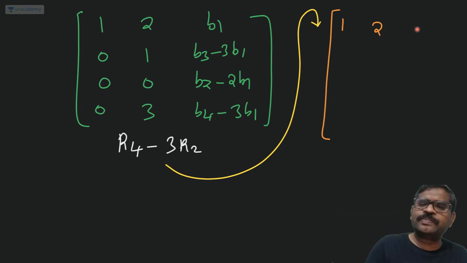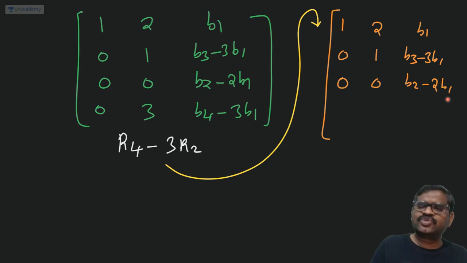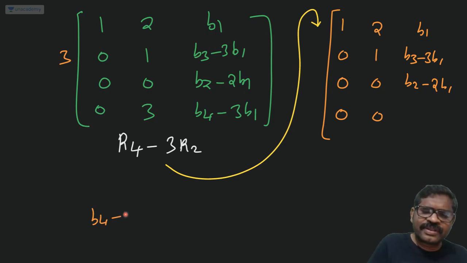1, 2, B1, 0, 1, B3 minus 3B1, 0, 0, B2 minus 2B1, 0, 0, because 3 minus 3, 0, B4 minus 3B1 minus 3B3 plus 9B1.